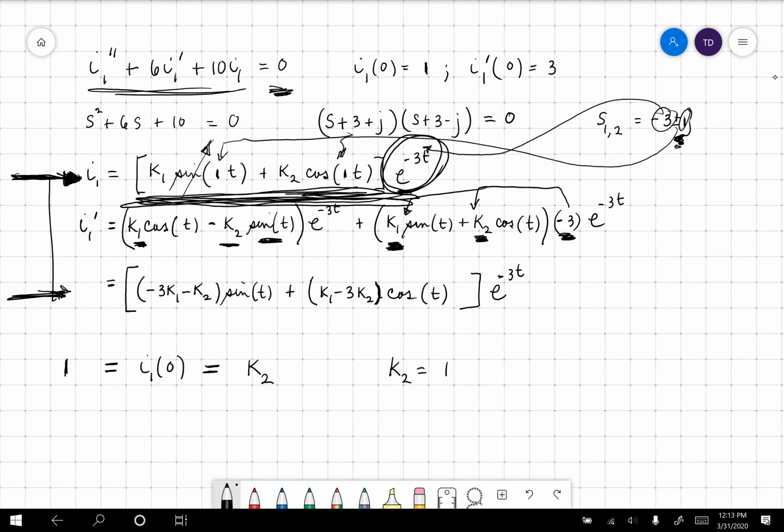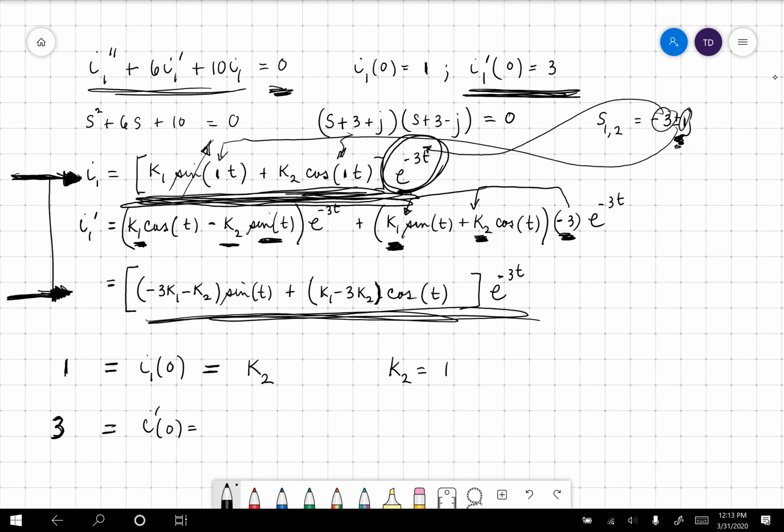Now I do the same thing in the second equation. This is I1 prime, so I1 prime at 0 is equal to, on this side, 3 from the top. And on the right-hand side, it's this evaluated when t is equal to 0. Again, the sine term is going to give us 0. So it's k1 minus 3k2, and then e to the minus 3t is times 1.